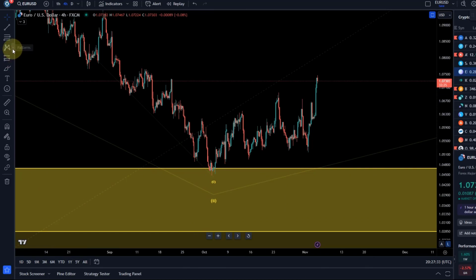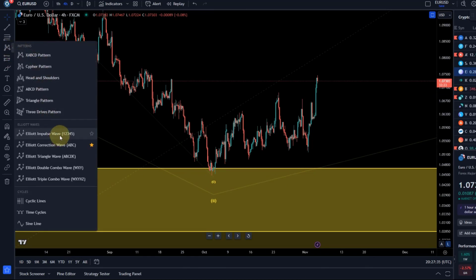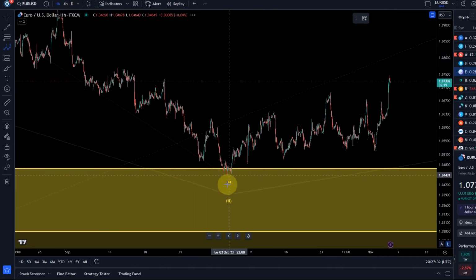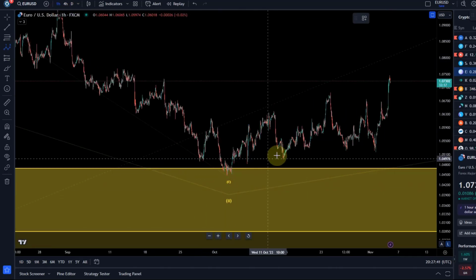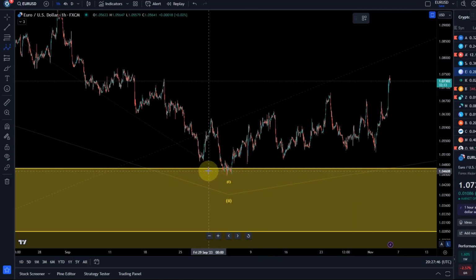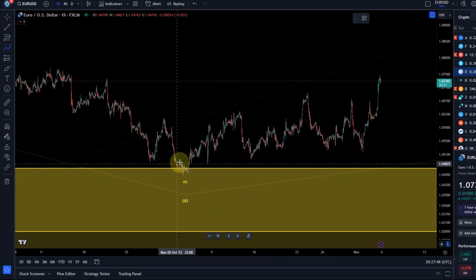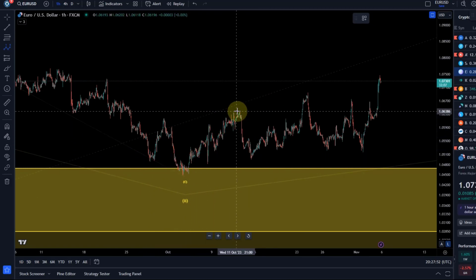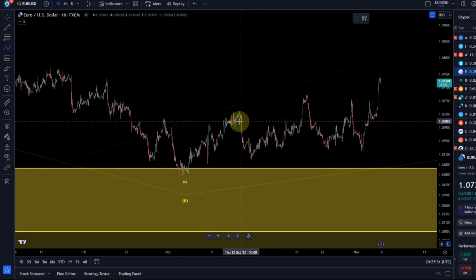My best view would be that we've had a leading diagonal in wave 1. If we assume a low in place, then this would be the start of a new uptrend, and we would need to see 5 waves. I would count this move up as a wave 1 leading diagonal.